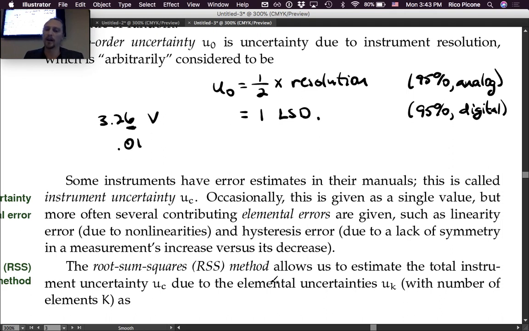It's quite annoying, and there are different ways of mitigating it when you design a measurement device, so you can try to get rid of it. But there's often some amount left over in certain types of devices. It's really hard to get rid of, so they try to minimize it to a certain point, and then whatever's left over, they throw into this bag and call it hysteresis error.